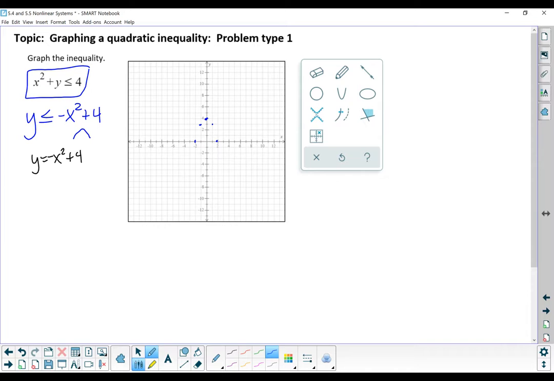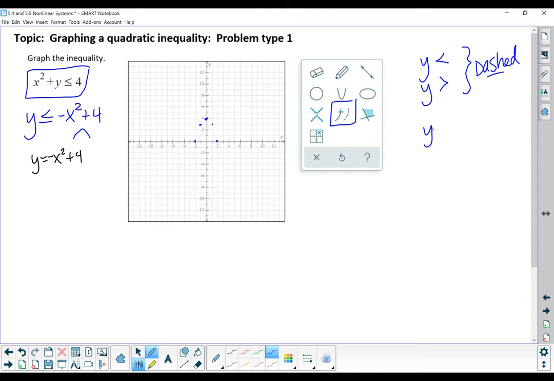With inequalities, we have to think about whether we want our boundary to be a solid boundary that's included or a dotted boundary that is not included. If you see a strict inequality, less than or greater than, that is going to be a dashed boundary.